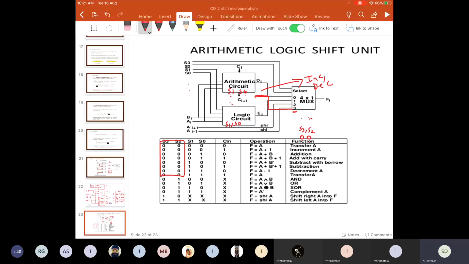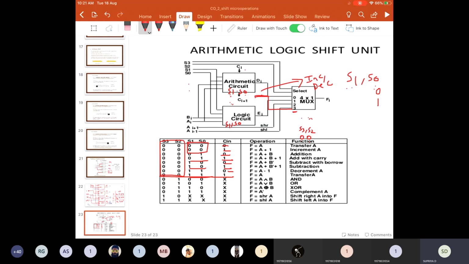For this arithmetic circuit, we have 3 inputs: S1 and S0 are the selection lines, and for each selection, carry can be 0 or carry can be 1. So when S1 S0 equals 00, for carry 0 and carry 1; when they are 01, for carry 0 and carry 1; when they are 10, and when they are 11, likewise.